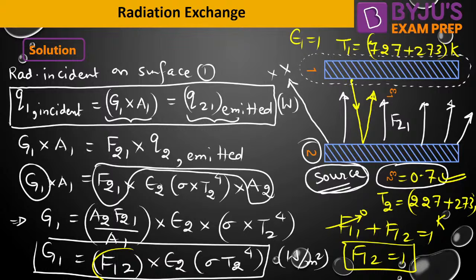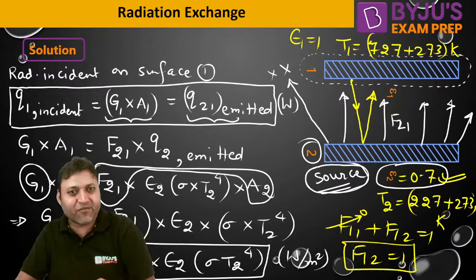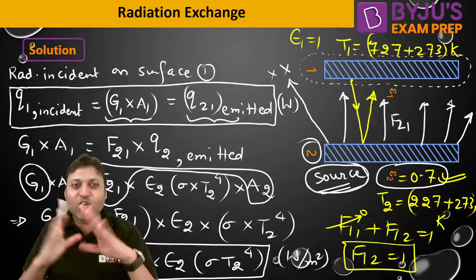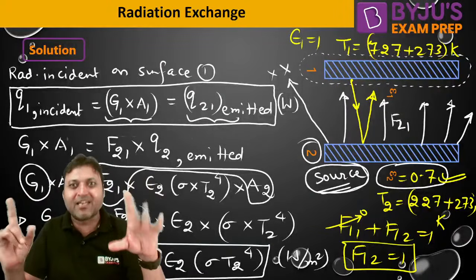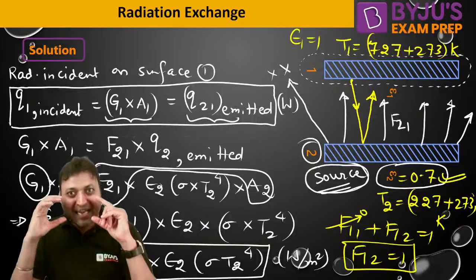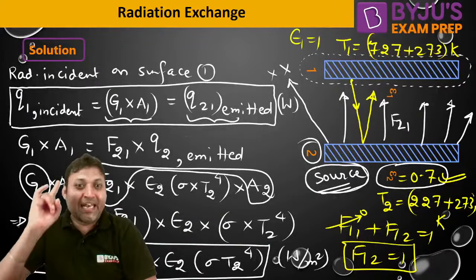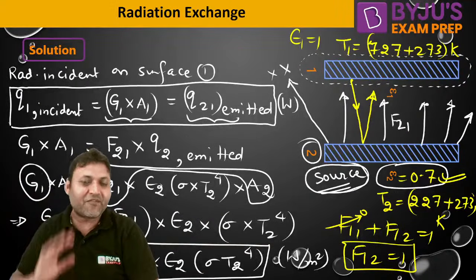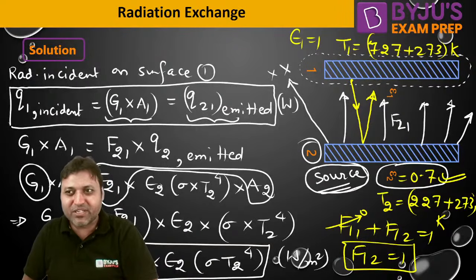The radiation emitted by surface 1 will not be part of the irradiation for surface 1. Surface 1 cannot be the source of radiation. Do you get it? So the irradiation on surface 1 will never be the radiosity from surface 2.